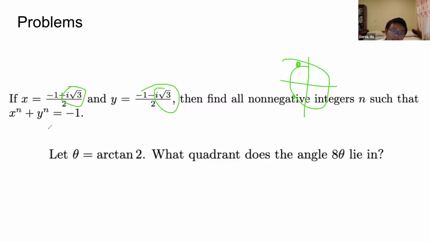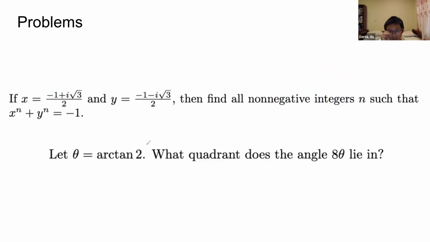For successive powers of n, they just shift around like this. These only equal 1 when n is divisible by 3. When they're not, there's this -1/2 part on both of them, and that's also -1. So that means n can equal anything such that 3 doesn't divide n.